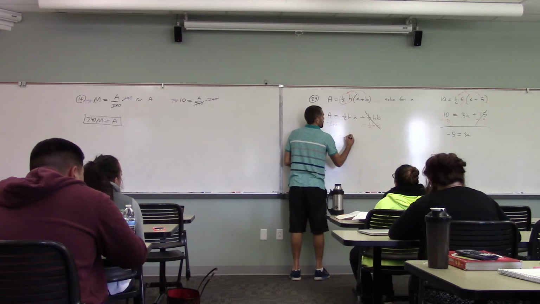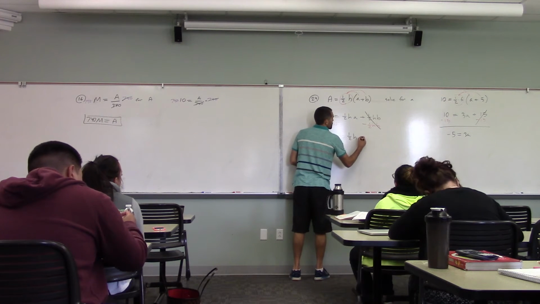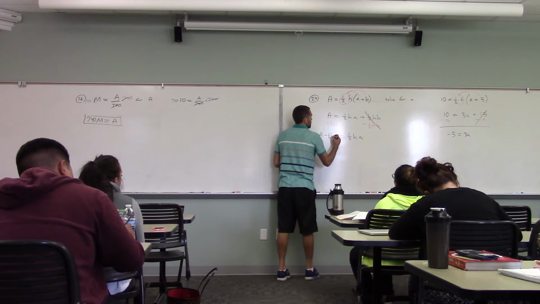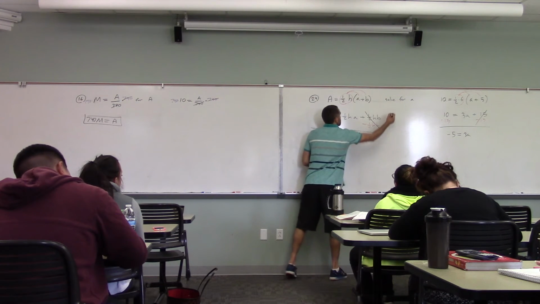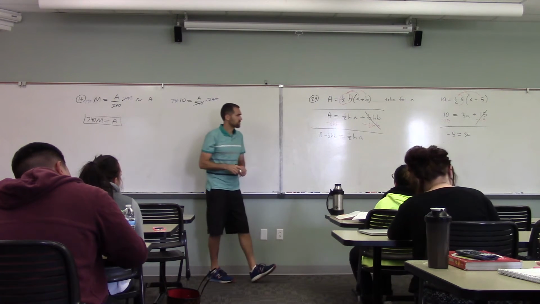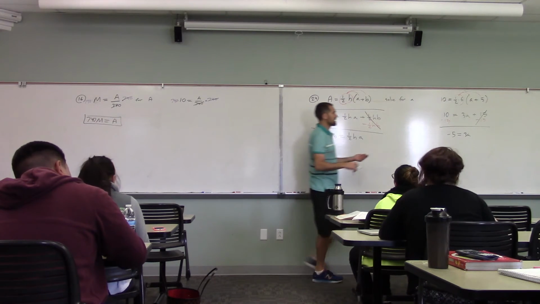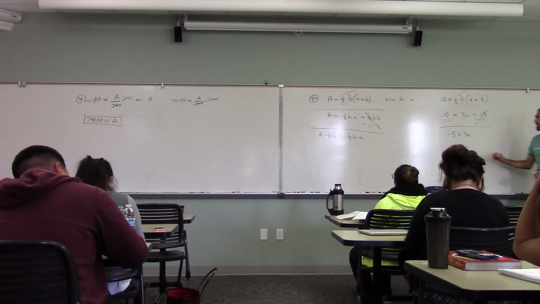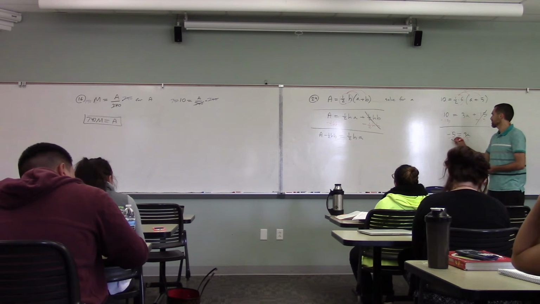So, 1/2 HA equals A minus 1/2 HB. And then the last step over here is, yeah, divide by 3. Divide by 3.